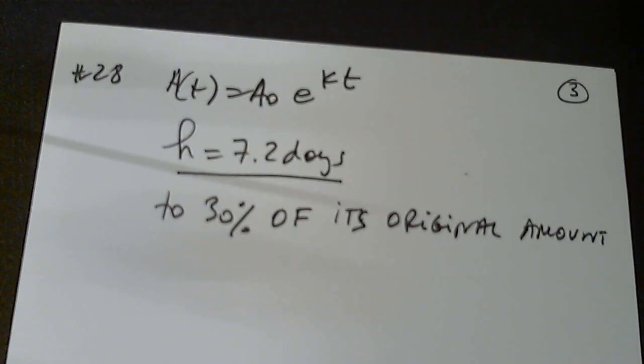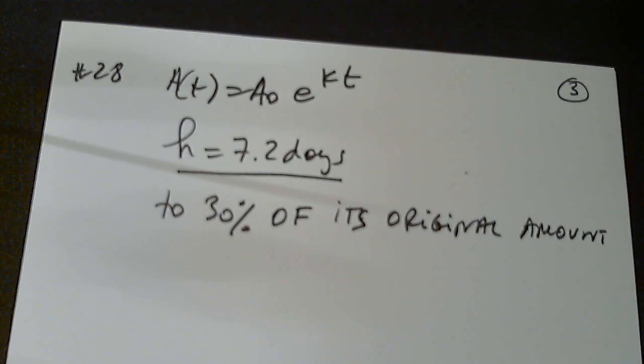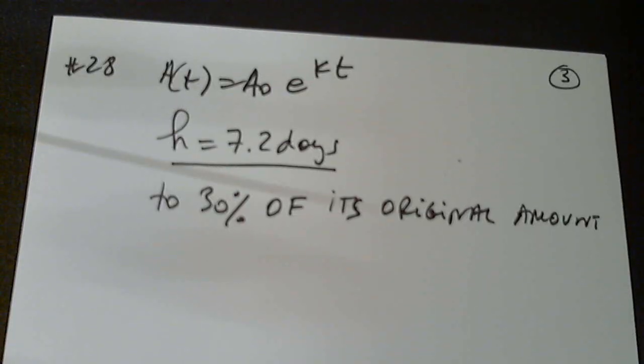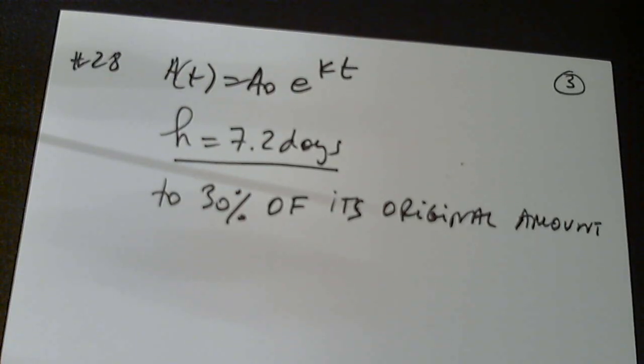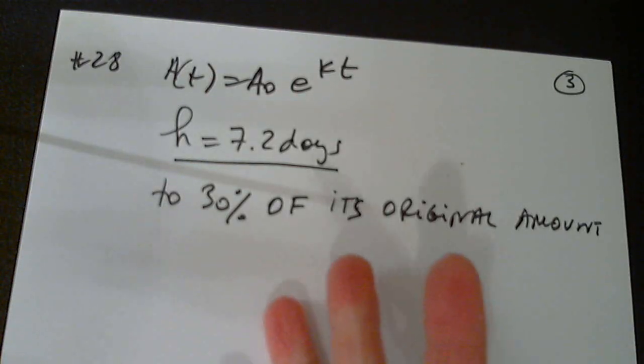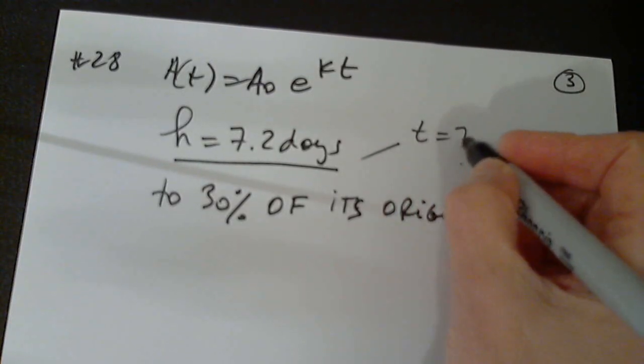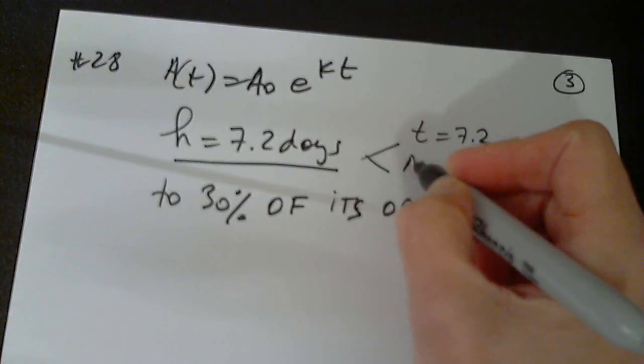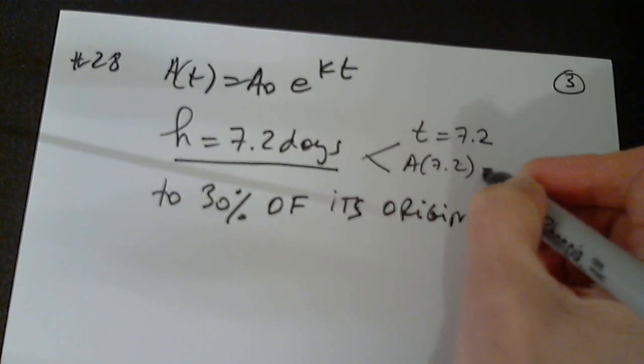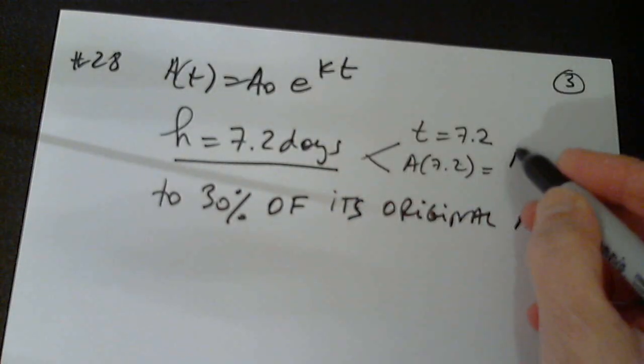So remember the half-life, you can use the direct formula, which is fine, or you can simply go through the steps. So if you want to go through the steps, it means that when time is 7.2 days, A of 7.2 days is the original divided by 2.